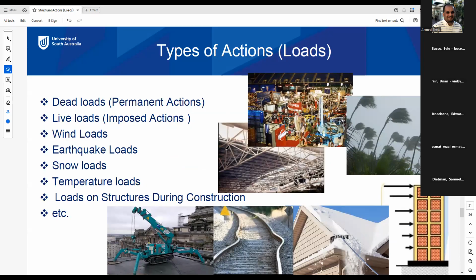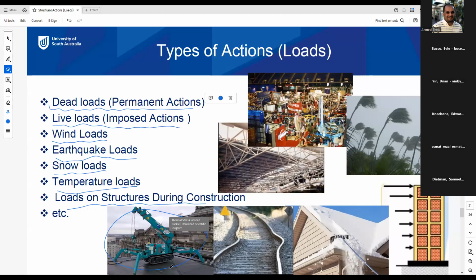And here is again another reminder of the types of actions or loads we may have. The types of loads we may have on a structure are dead load or permanent load, live load or imposed actions, wind load, earthquake loads, snow loads, temperature loads, and loads on a structure during construction, similar to this one here.